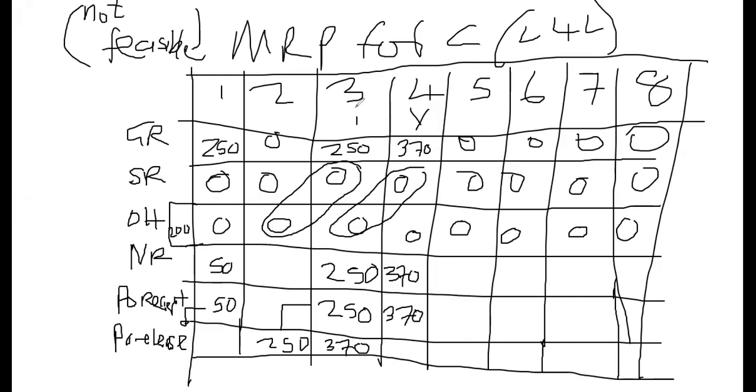You combine the MRP for D, looking at where those things are coming from.